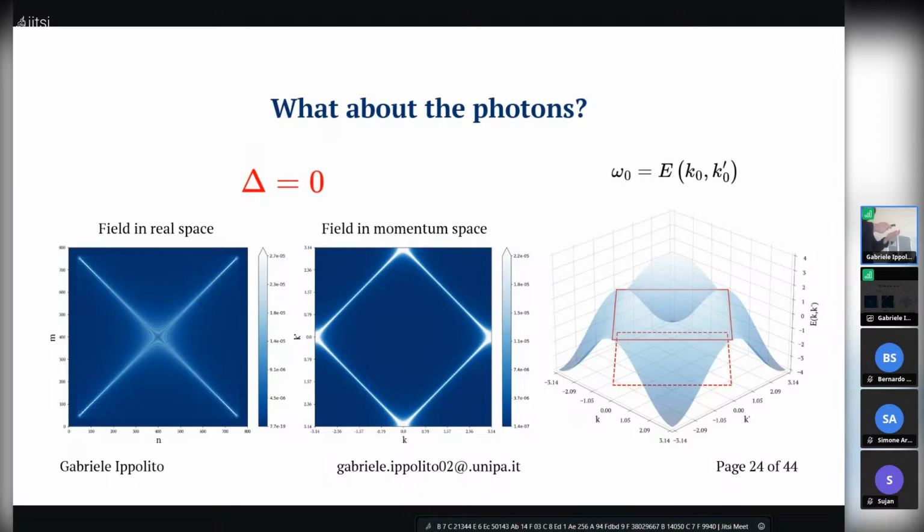This means that the two photons propagate either together along the same direction, or propagate with the same group velocity but in opposite directions. And this is closely related to the fact that if we are at the center of the band, for simplicity, we take omega c, the cavity frequency, equal to 0. So the two-photon band is centered around 0.